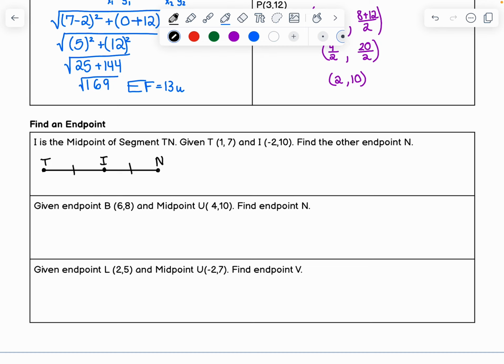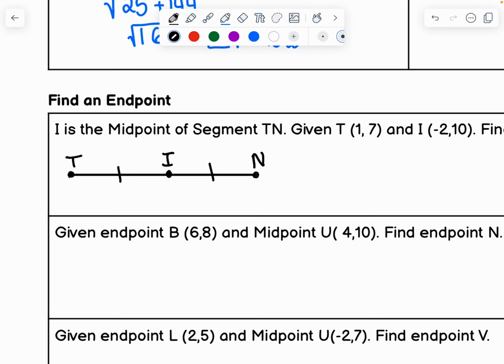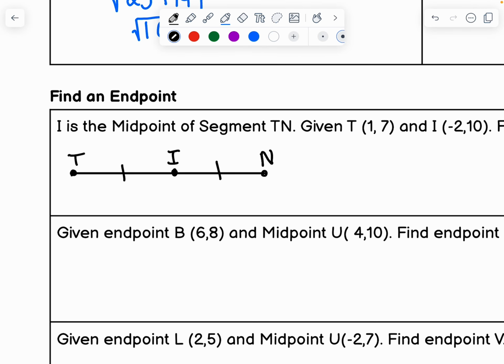Given that T is at (1, 7), and I is at (-2, 10), find the other endpoint N. There's lots of ways that we can do this, but this is the best way I've found. We can use the midpoint formula to help us, or we can just problem solve it out.